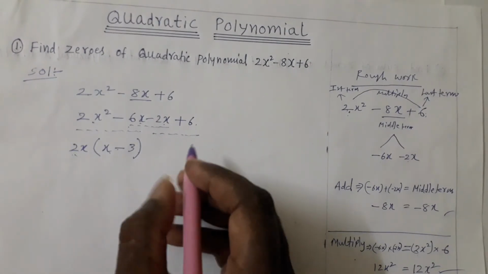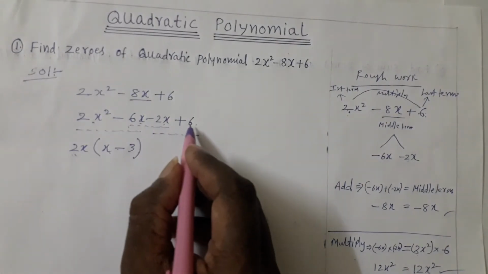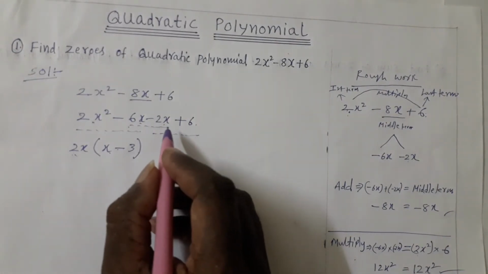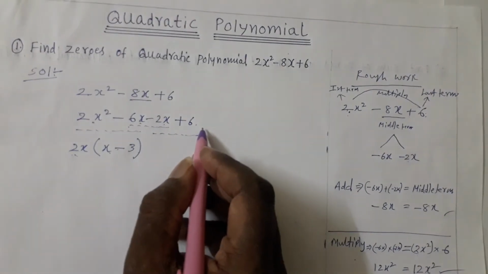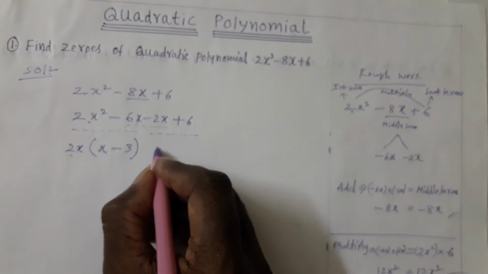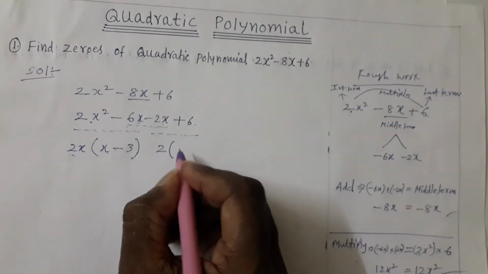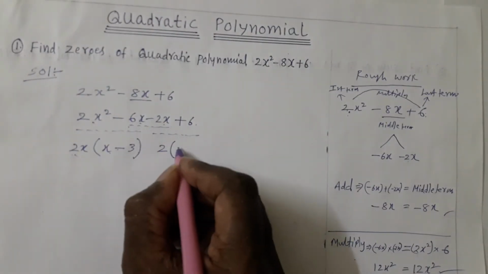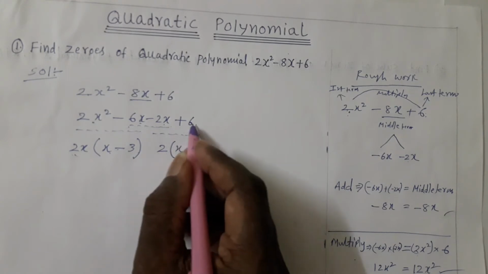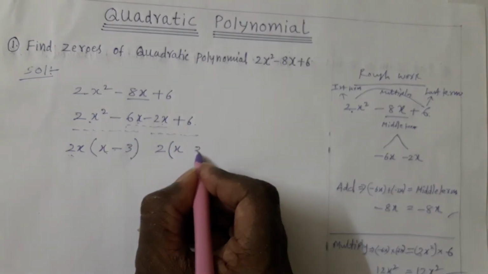Then for these two terms we take common. Here 2 is there, here also 2 into 3, and x is there here but no x here. So we take 2 as common. Remaining is x here, and remaining is 3.